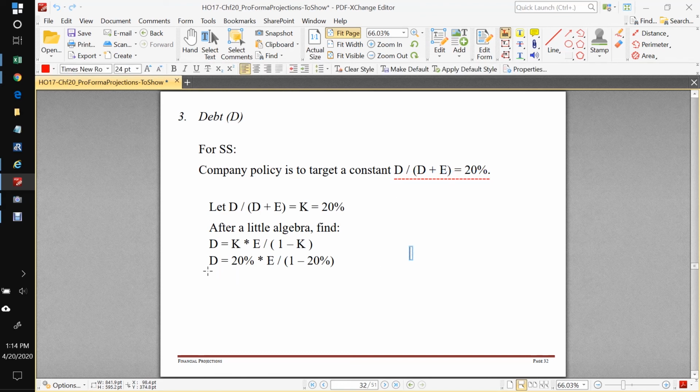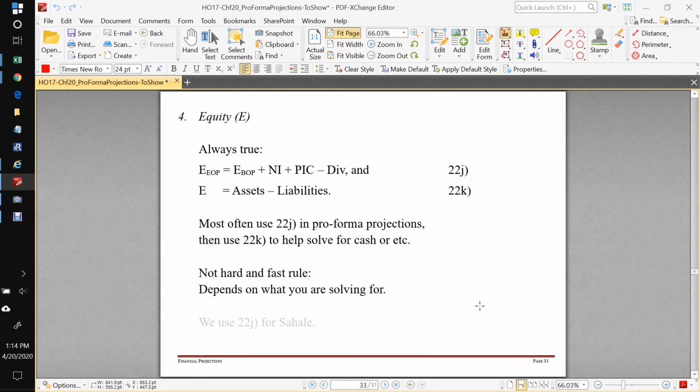If you do a little bit of algebra on this, you can confirm for yourself that the debt in every year going forward is going to be 20% of the equity divided by 80%. So that's our formula for debt. And how are we going to get equity? We always have two things in accounting that help us with equity.